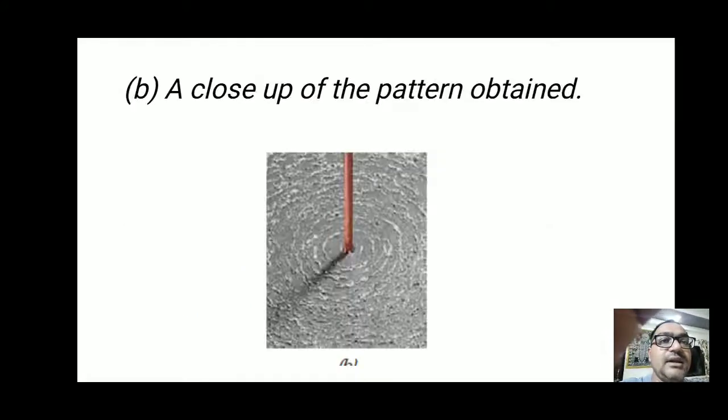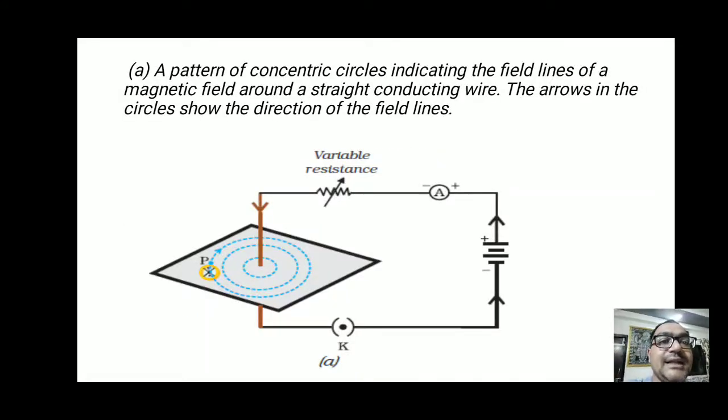So let's understand why we have kept the arrow like that, and why we have not kept the arrow in the reverse direction. Here, current is coming in the copper wire from the upper direction to the downward direction.